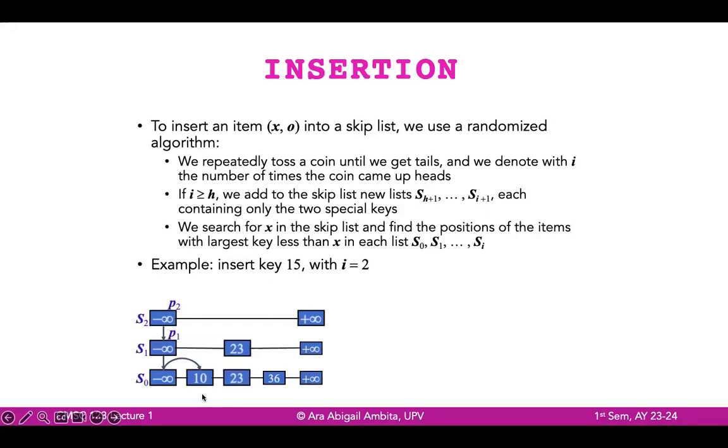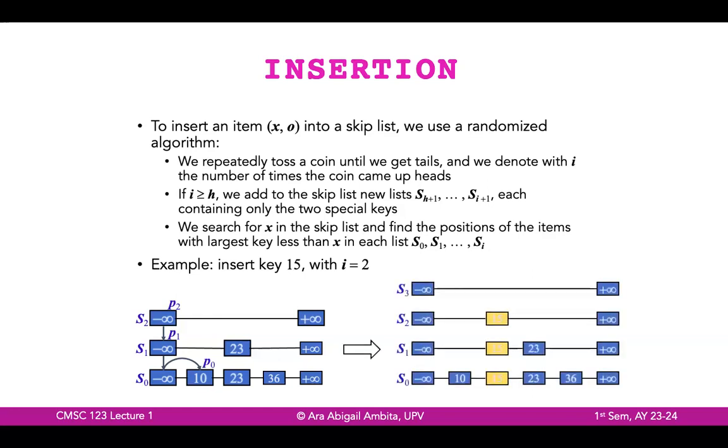We have found the position where we want to insert the key 15, and that is between 10 and 23. As you remember, i is equal to 2, so 15 goes up to level S of 2.